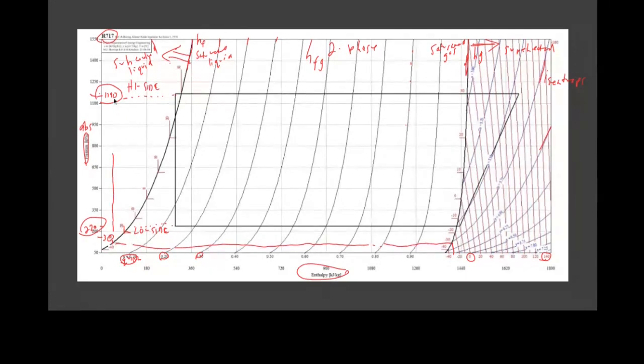Now, notice that for every saturation pressure, in this case 1190, there is a corresponding temperature. So, for example, this is the line of constant temperature, and this one here is 30 degrees Celsius. That's plus 30. And that line of constant temperature goes here, and it actually goes right across and comes out over here.